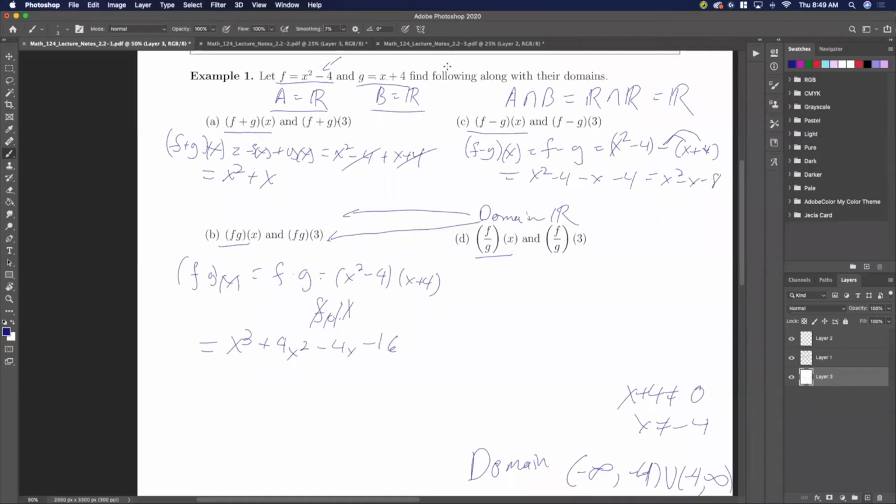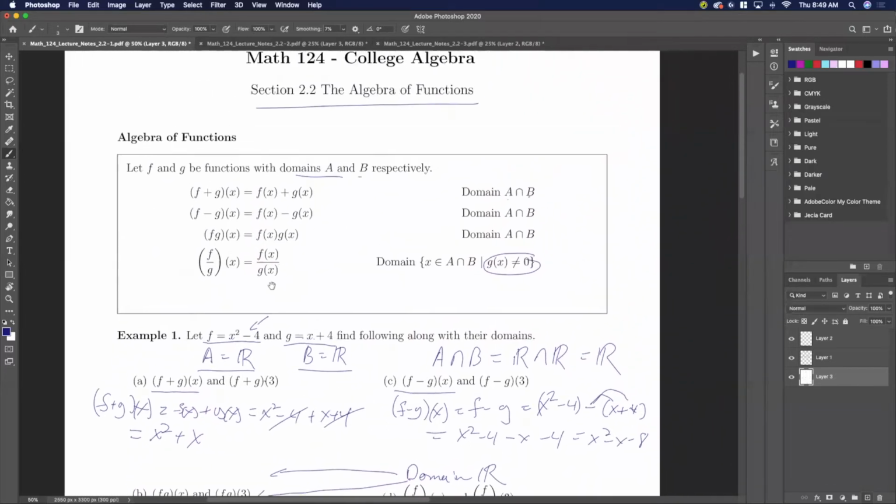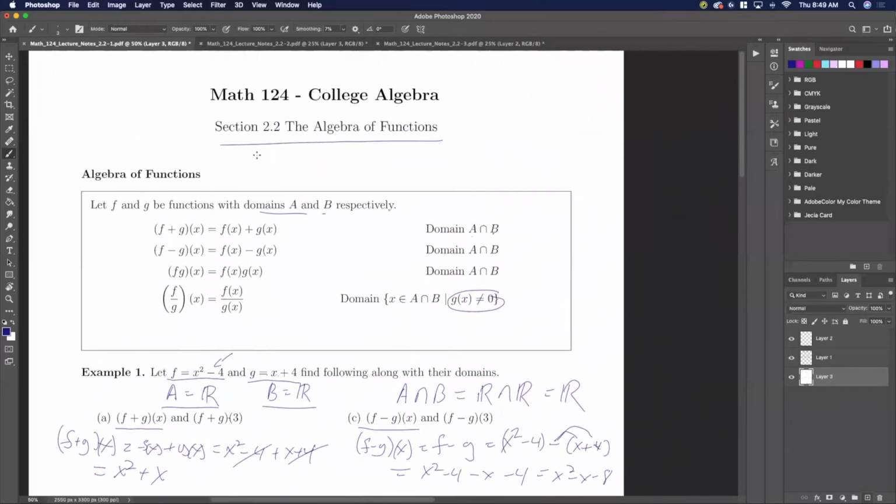Let me see if I can be clear on this. So I am using f and g when it should technically be the function of f with respect to x plus the function of g with respect to x. This is a good question. And so when I say f plus g, these are the same. I'm just leaving off the x. If I say f plus g, I'm saying this is the function.